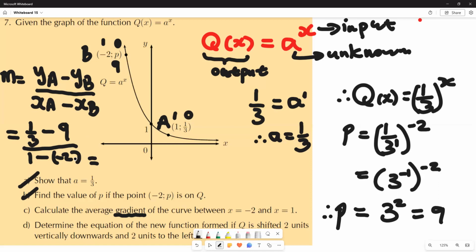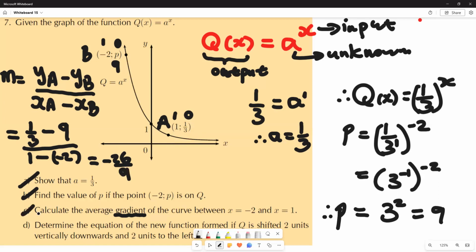I have the fraction 1/3 minus 9 over 1 minus 2. So the average gradient that I get is negative 26/9. That is the average gradient that I'm getting.